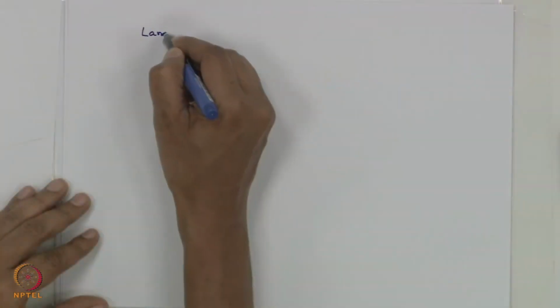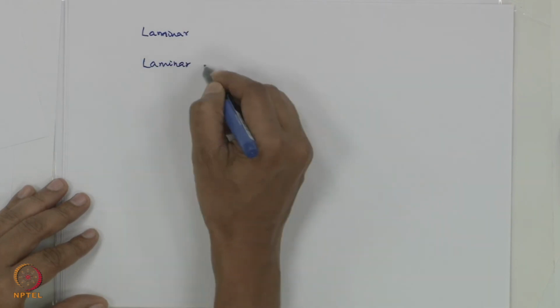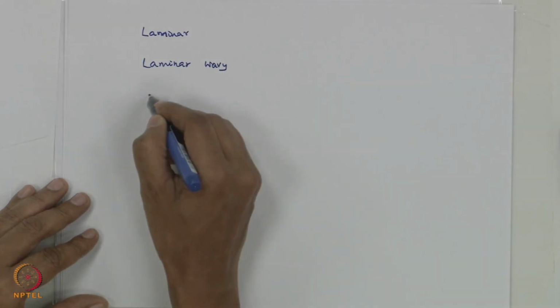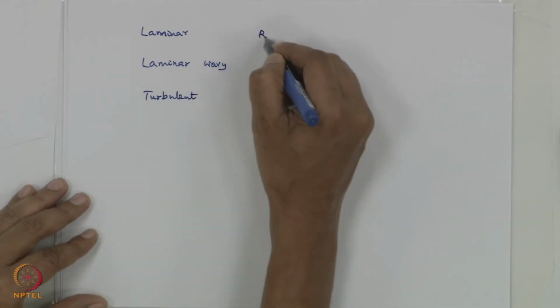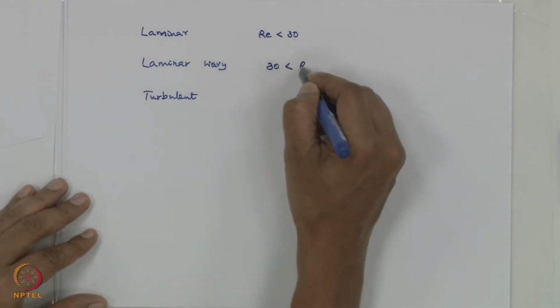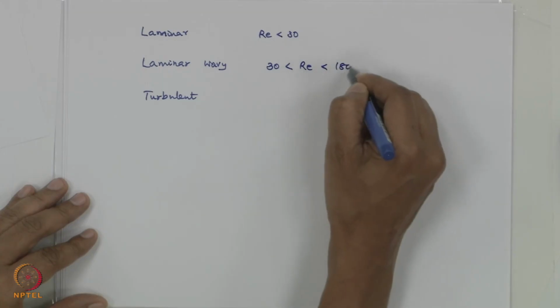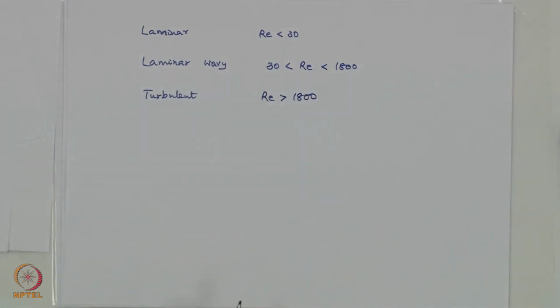Just to take a quick recap, we first considered laminar film condensation, laminar wavy, and turbulent, these are the three zones. Reynolds number less than 30 is considered laminar, 30 to 1800 is wavy, and greater than 1800 is turbulent.